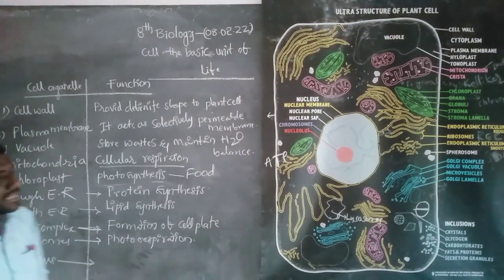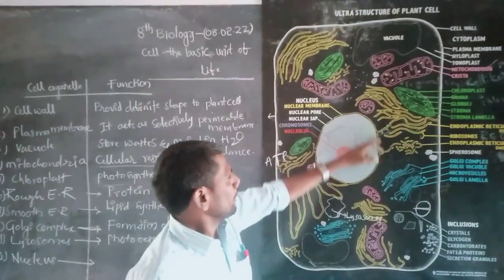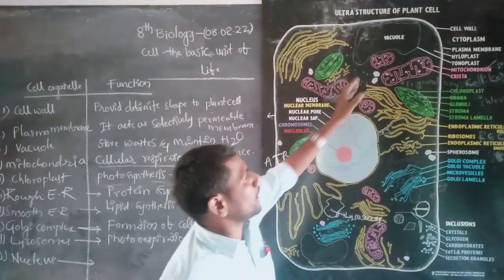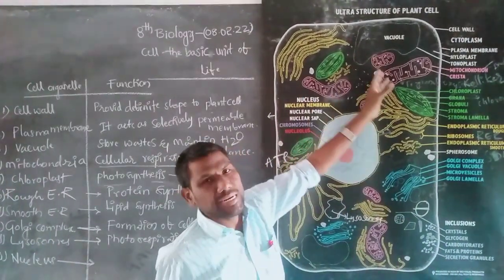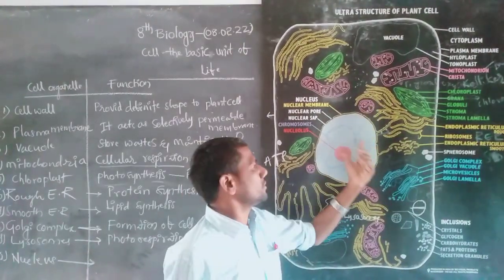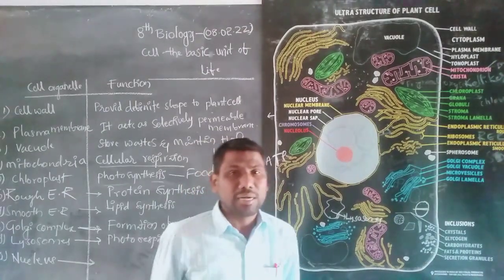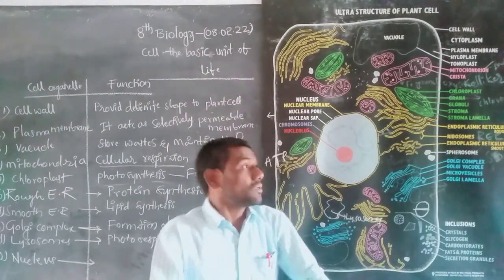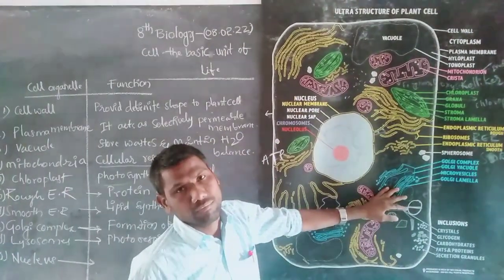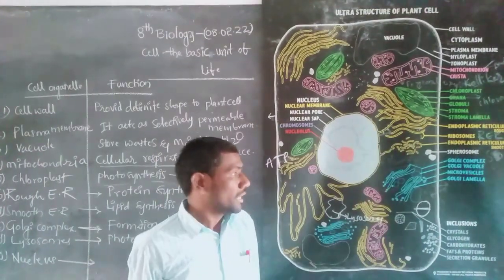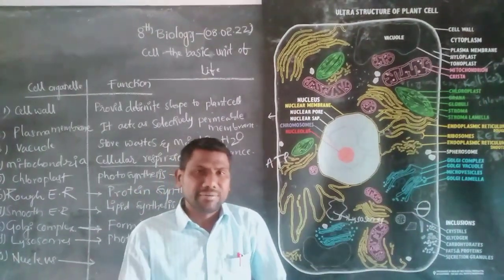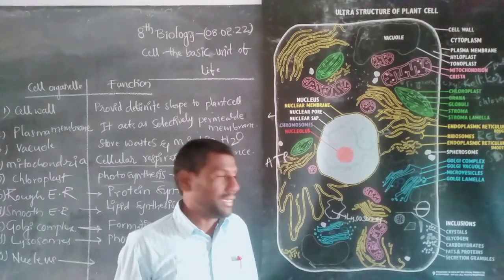The main function of this nucleus is that it controls the functions of all the remaining cell organelles. That's why it is also called the master controller of the cell, and also called the brain of the cell.